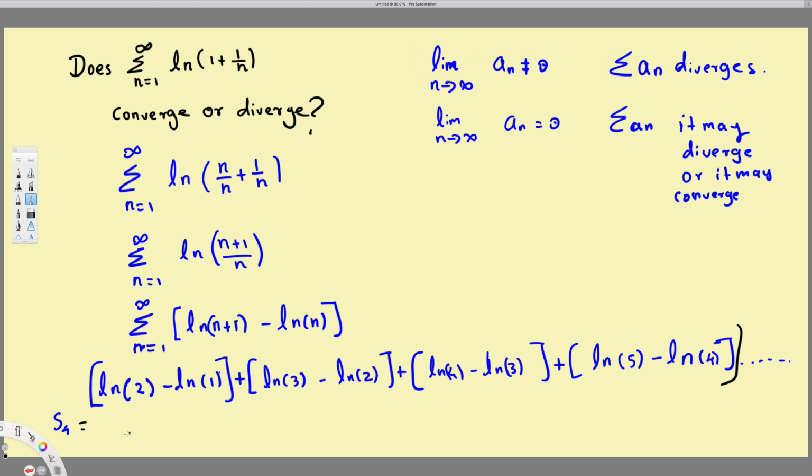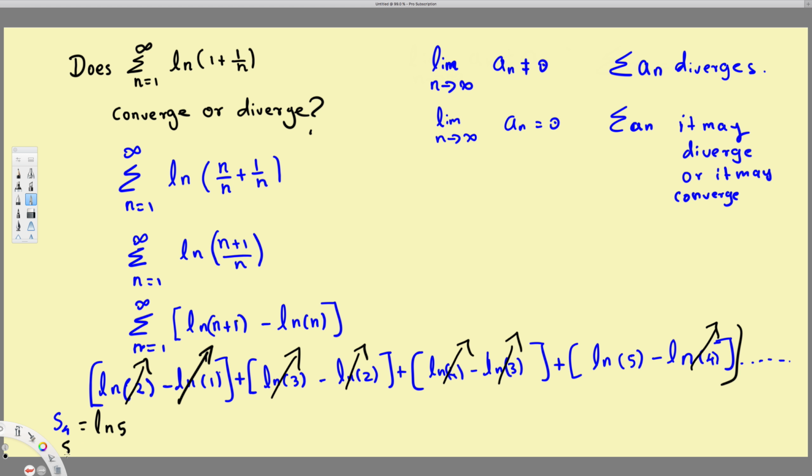We know that ln 1 is equal to 0, so we can cancel it. Positive ln 2 cancels with negative ln 2, and the rest cancel the same way, and we only get ln 5. So ln 5 is the answer.